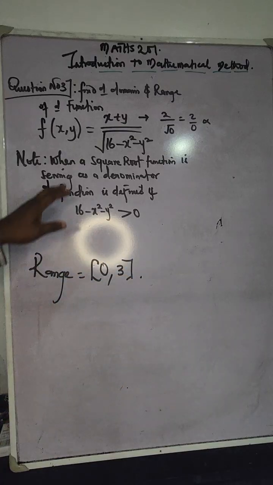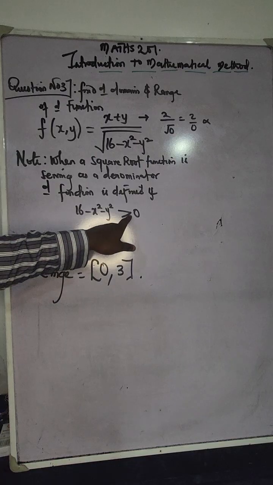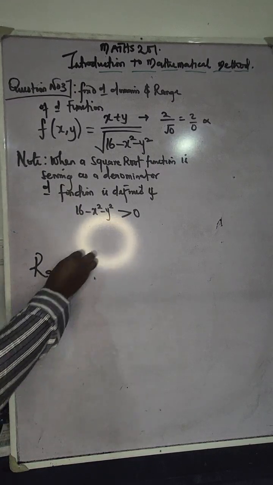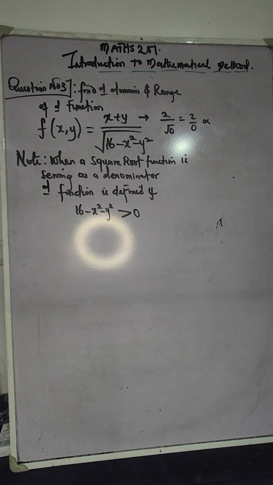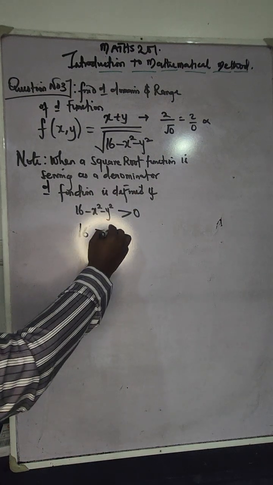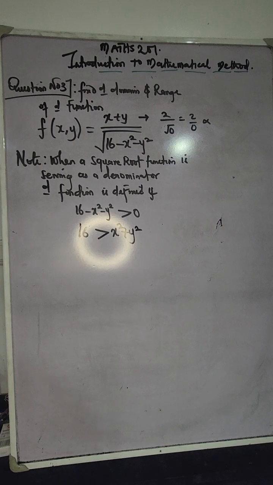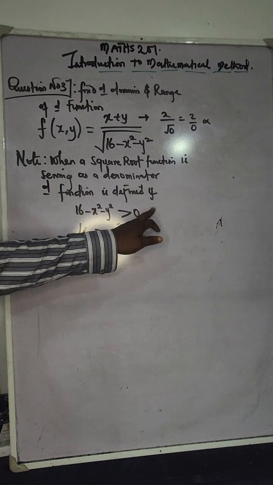Whenever we have a function like this, let's set the function in the denominator to be greater than 0. And so we find that 16 is greater than x squared plus y squared, because we are able to move these to the other side, from the left hand side to the right hand side.